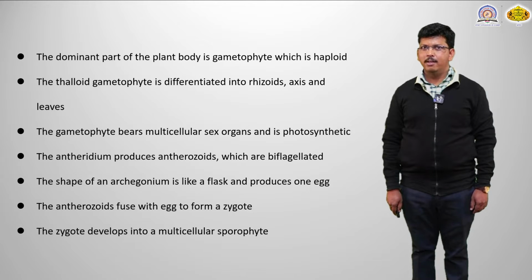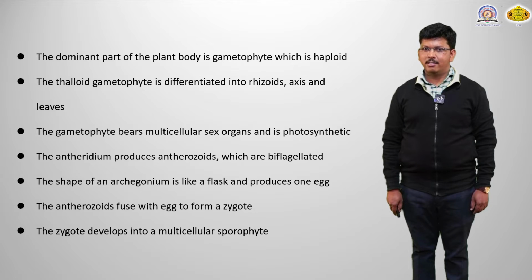It is a non-movable sex organ. That's why the antherozoids move using the biflagella in a water current, and their destination is the female sex organ, the archegonium. Okay, so the archegonium is the female sex organ. Here is one important character: water. During reproduction, water is necessary. Without water, Bryophyta members cannot reproduce, or their fertilization cannot take place.